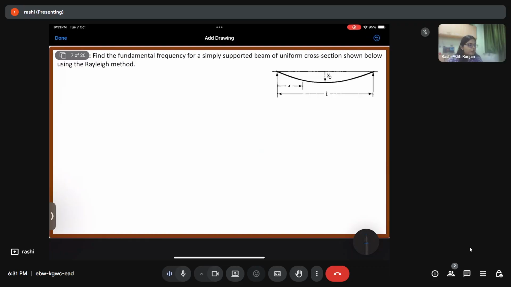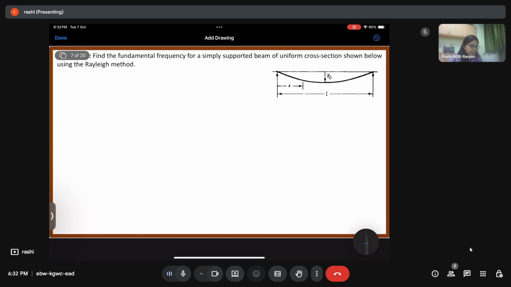The potential energy: the beam is bending, correct? Because of bending, it is going to store some bending energy, because of the bending moment that it is going through. It is going to store some strain energy, basically. We have to find that out.